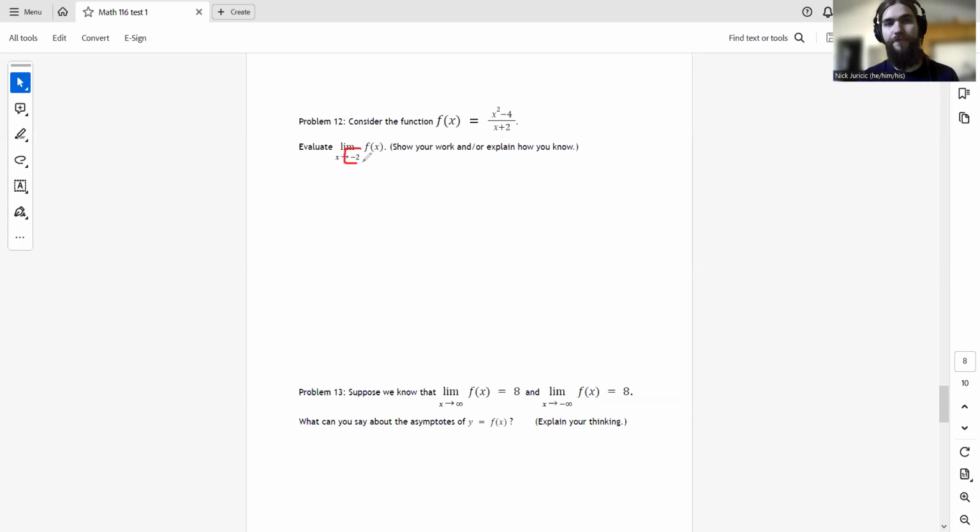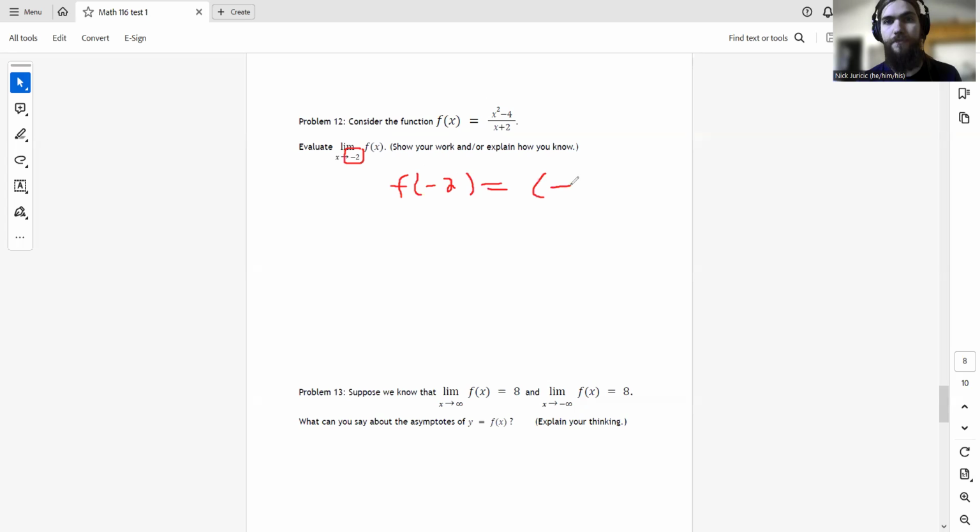To start, I'd always recommend this: if you plug in the value that we're approaching as an input, we can see what happens. So here, if we plug in negative 2, f of negative 2, what happens?